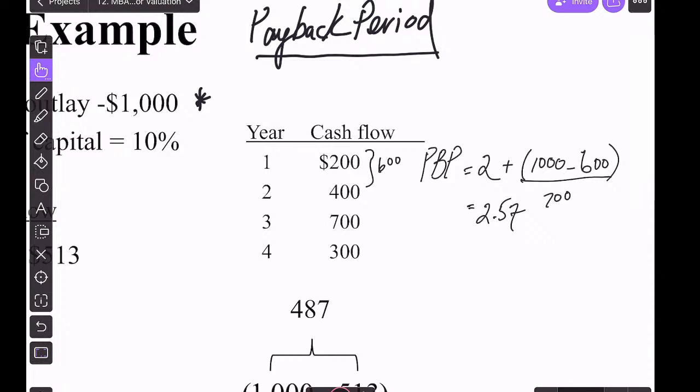Questions about what I did? So this amount is what remains after the second year, and this is the cash flow in the third year.